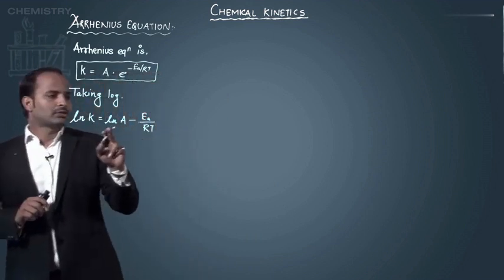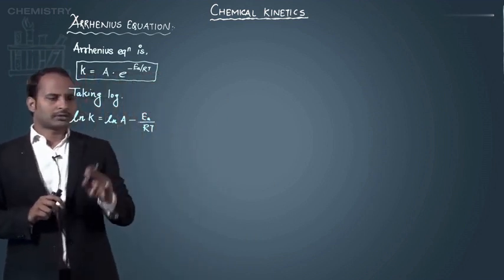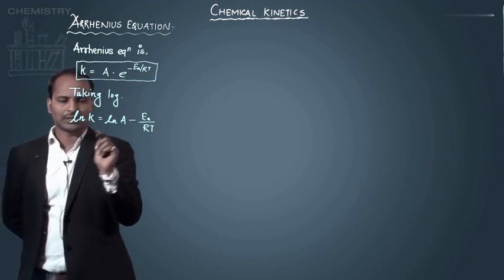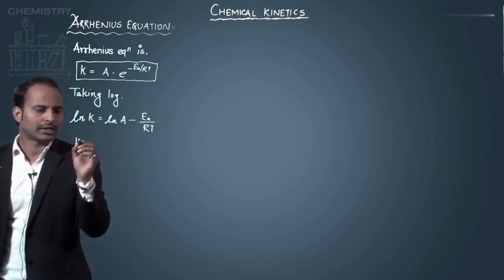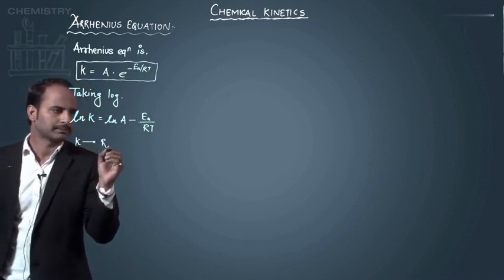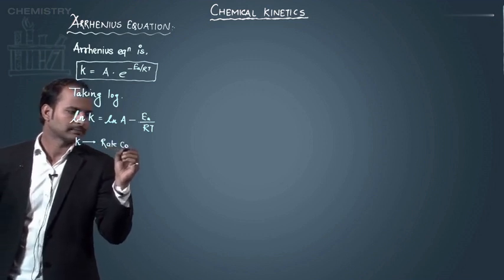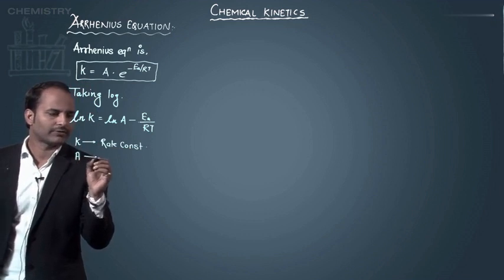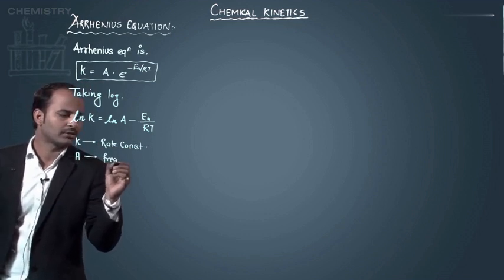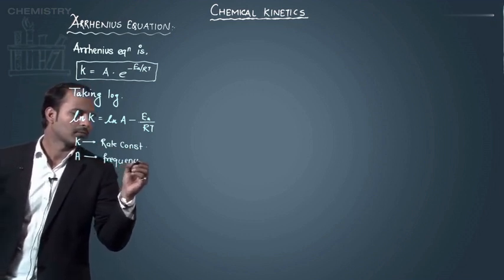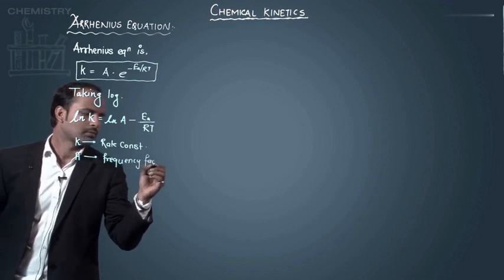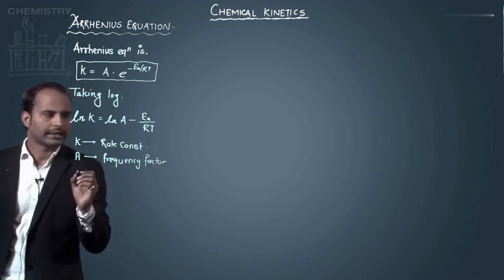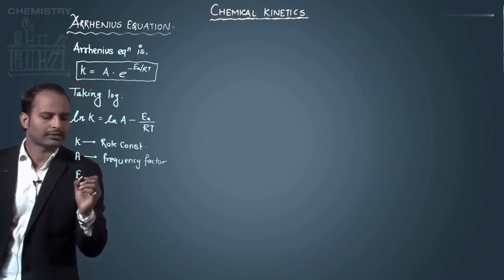Now ln k is equal to ln A minus Ea upon RT. The terms are: k is the rate constant, A is the frequency factor, again a constant, and Ea is called the activation energy.